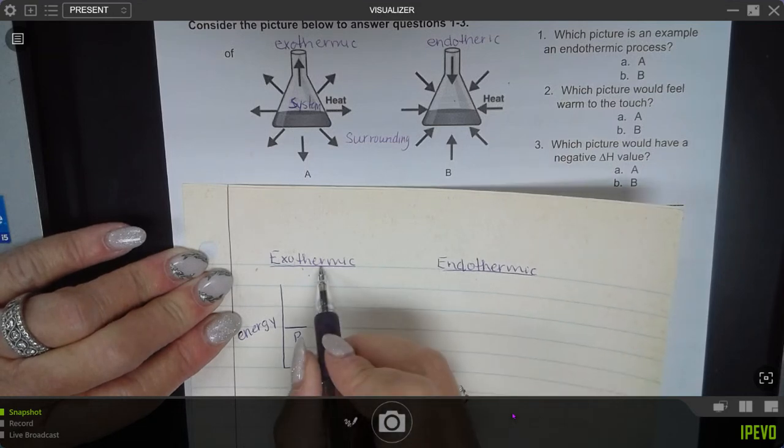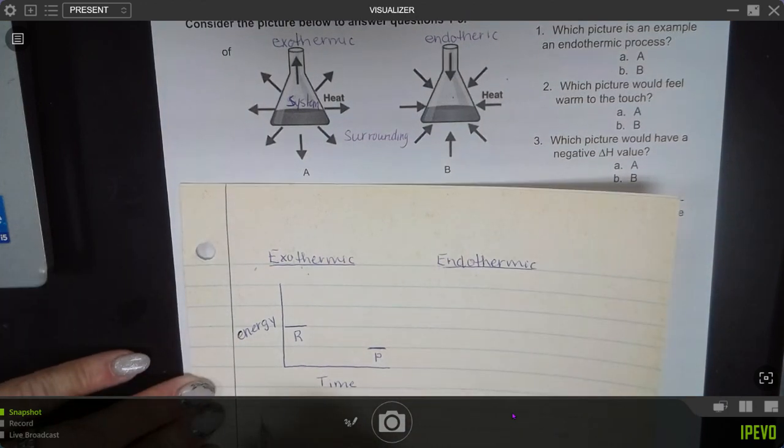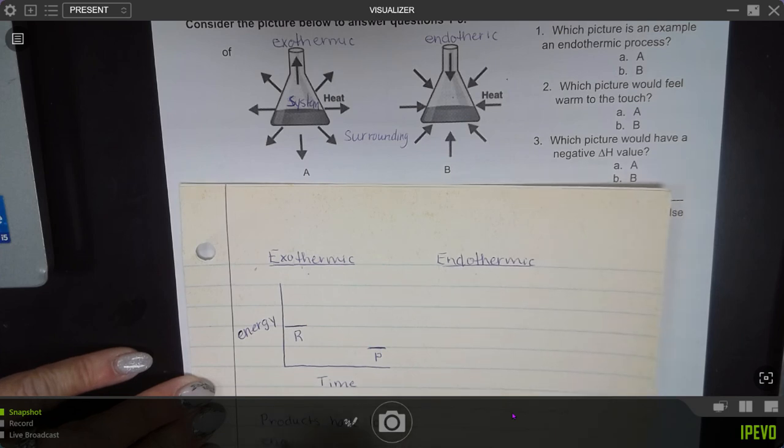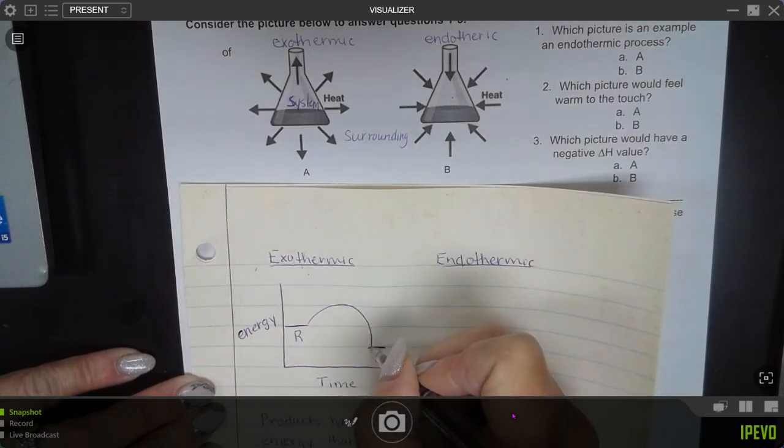For an exothermic reaction, the products have lower energy than reactants. Okay, so that means our graph is going to look something like this.